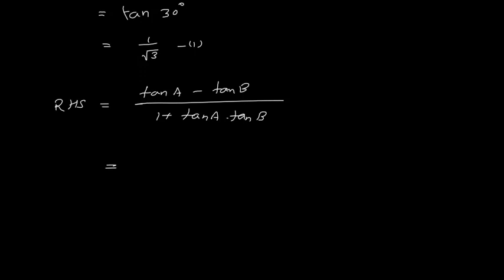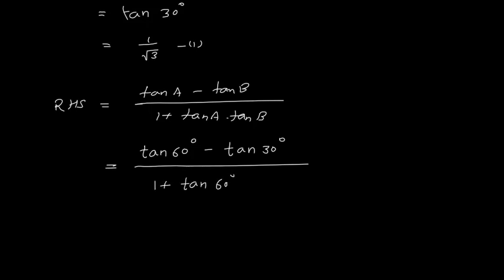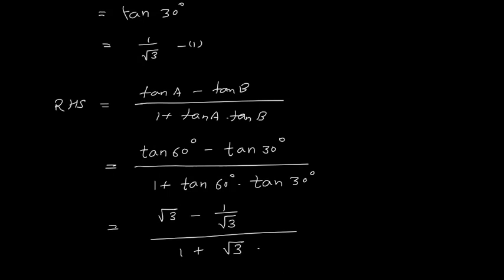So this is tan 60 degree minus tan 30 degree whole divided by 1 plus tan 60 degree into tan 30 degree. This is equal to tan 60 is root 3 minus tan 30 is 1 upon root 3, whole divided by 1 plus tan 60 is root 3 into 1 upon root 3.